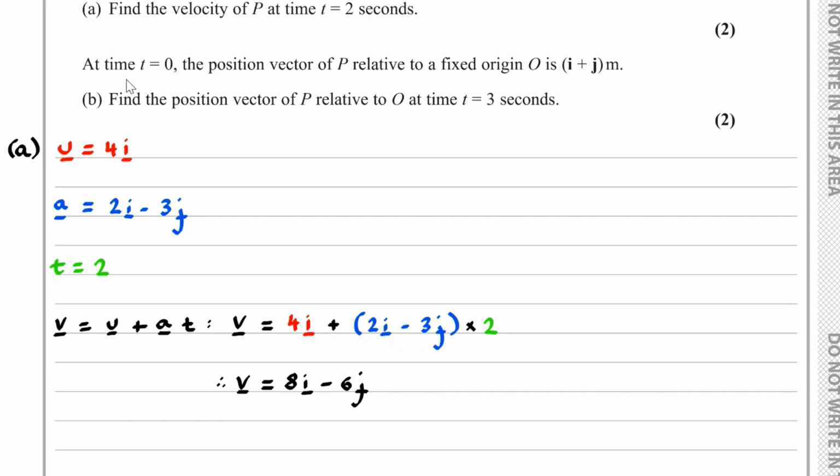Now for part B, at time t equals 0, the position vector of P relative to a fixed origin O is i plus j meters. We have to find the position vector of P relative to O at time t equals 3 seconds. Let's draw a quick diagram to help visualize what's going on.